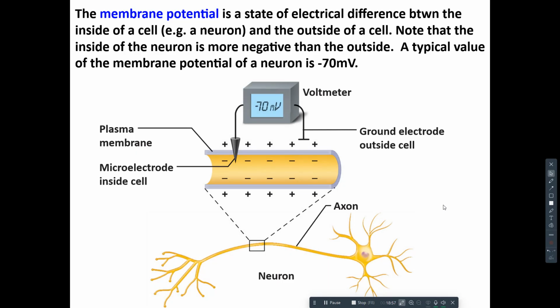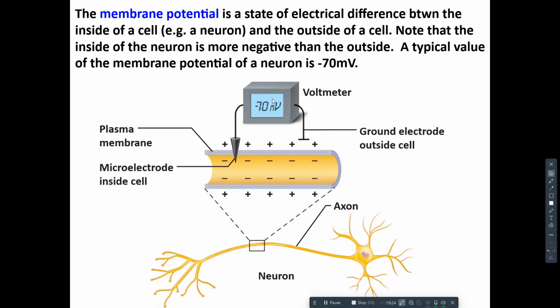Okay, let's establish what I mean when I say membrane potential. The membrane potential is this state in our neuron where there's an electrical difference between the inside of the cell and the outside of the cell. So in this example here, we are actually measuring the electricity inside and outside of the axon here.